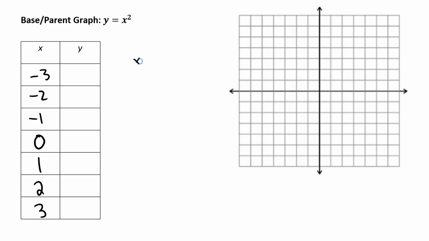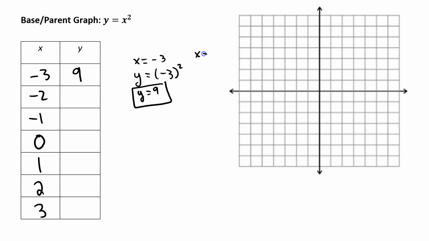So when I say x equals -3, I'm going to plunk it into my equation, y equals -3 squared. All I'm doing is taking the equation and substituting in my x value. Y equals -3 squared, and since the base is -3, -3 times -3 is simply 9. So when x equals -3, y is going to equal +9.